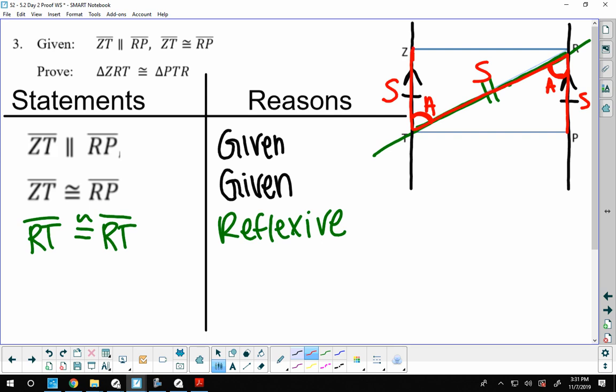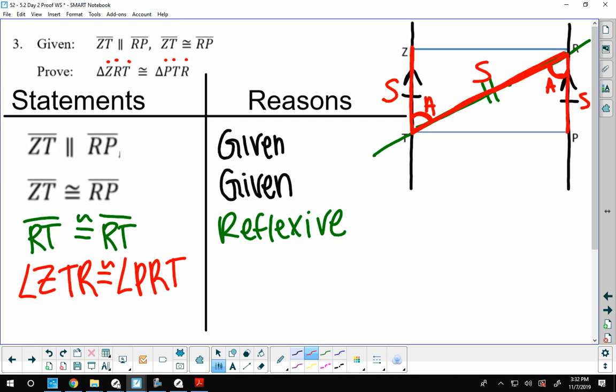So let's write that step down. This is angle ZTR, which is congruent to angle, so you can use your congruency statement to make sure you get it right. ZTR corresponds to PRT, so angle PRT. So you can see angle ZTR is congruent to angle PRT.